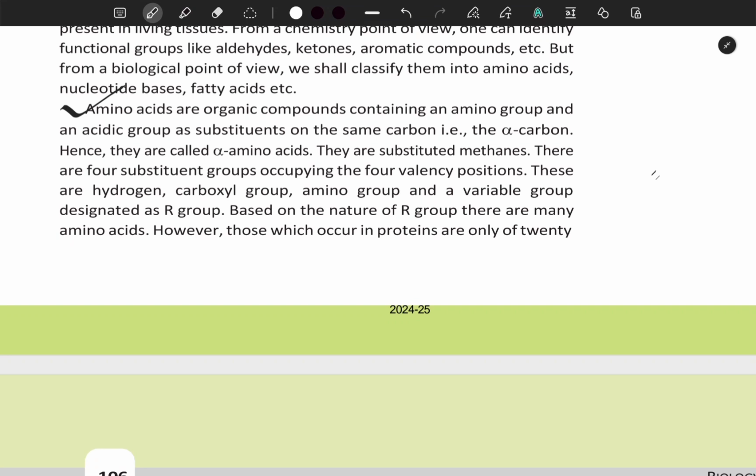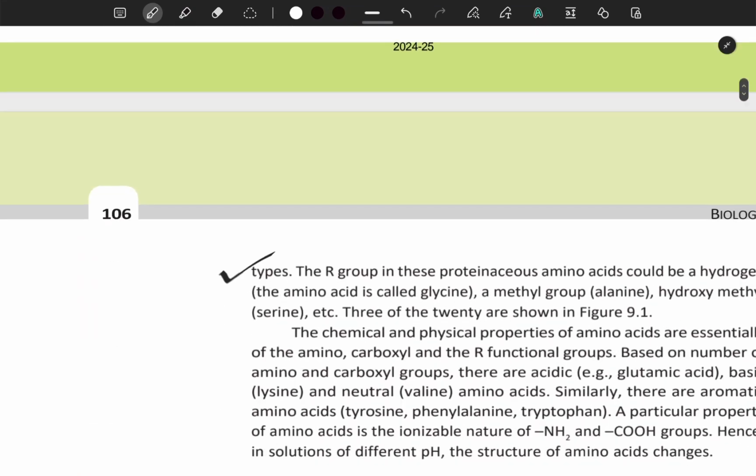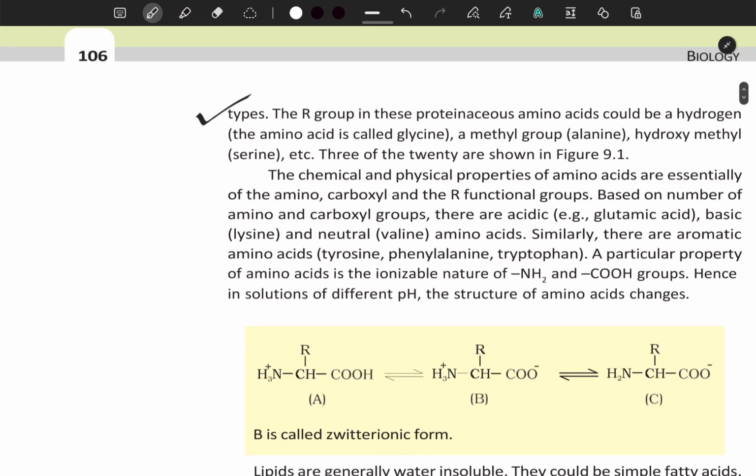Based on the nature of R group, there are many amino acids. However, those which occur in proteins are only of 20 types. The R group in these proteinaceous amino acids could be a hydrogen, and the amino acid is called glycine. A methyl group, alanine; hydroxyl methyl, serine, etc. 3 of the 20 are shown in figure 9.1.